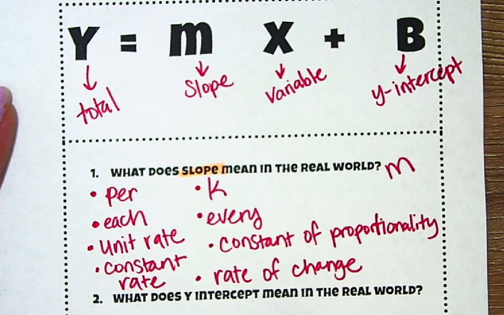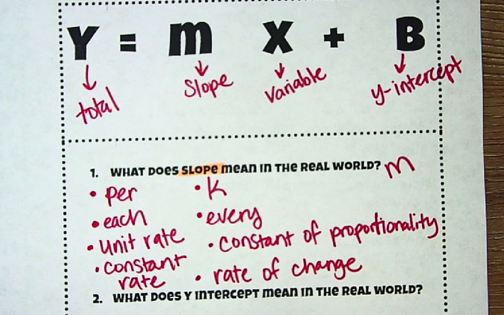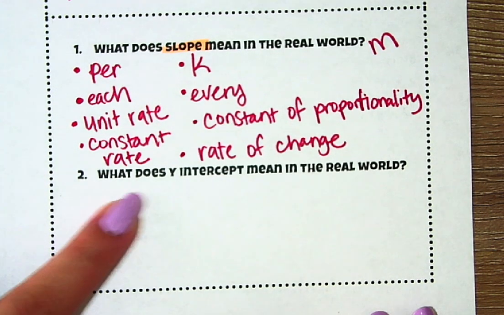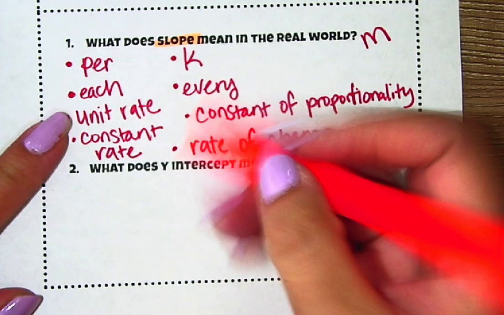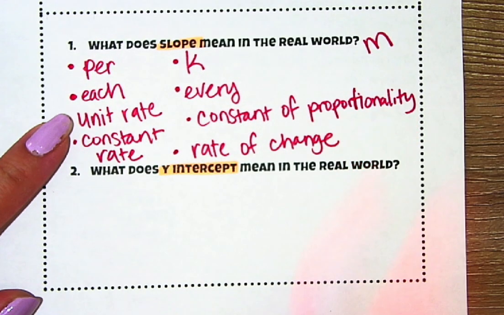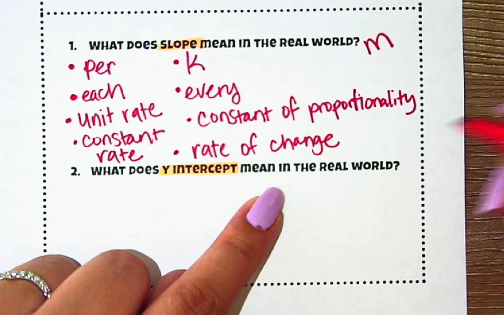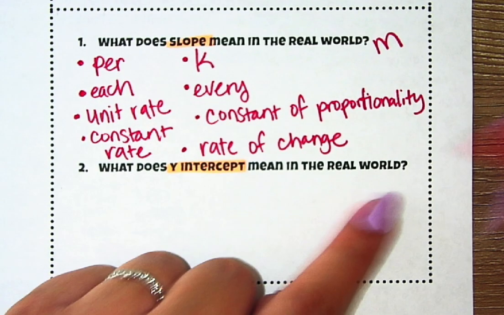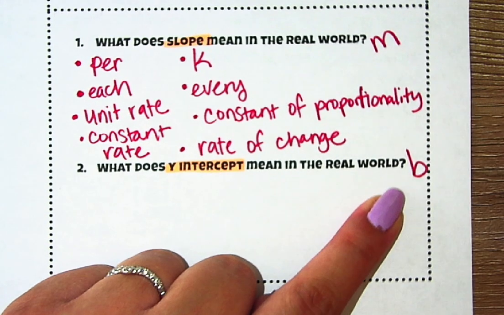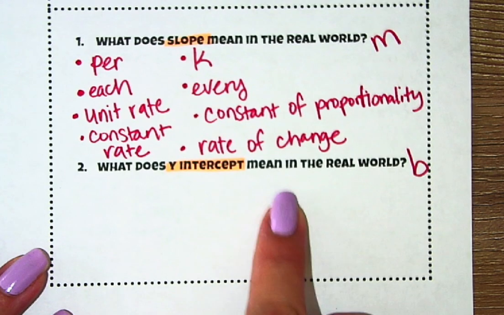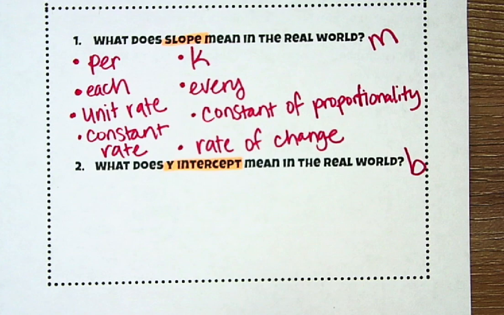This is a lot of writing, so pause the video if you need to. We're going to go into our y-intercept. So what does y-intercept mean in the real world? If you want, I have highlighters at the front, so you can highlight this. Our y-intercept, the letter we use for that is b. So the y-intercept is just some one-time charges.